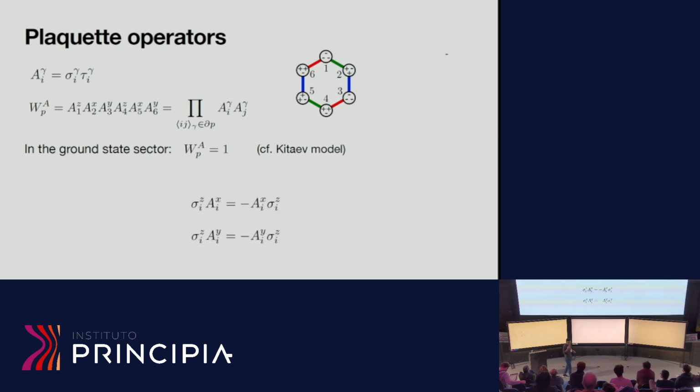But also you can change the signs, because you have the sigma and tau operators. If you take, for example, the sigma z operator, it anti-commutes with Ax and Ay. So if I apply sigma z to one side here, it actually changes two signs.